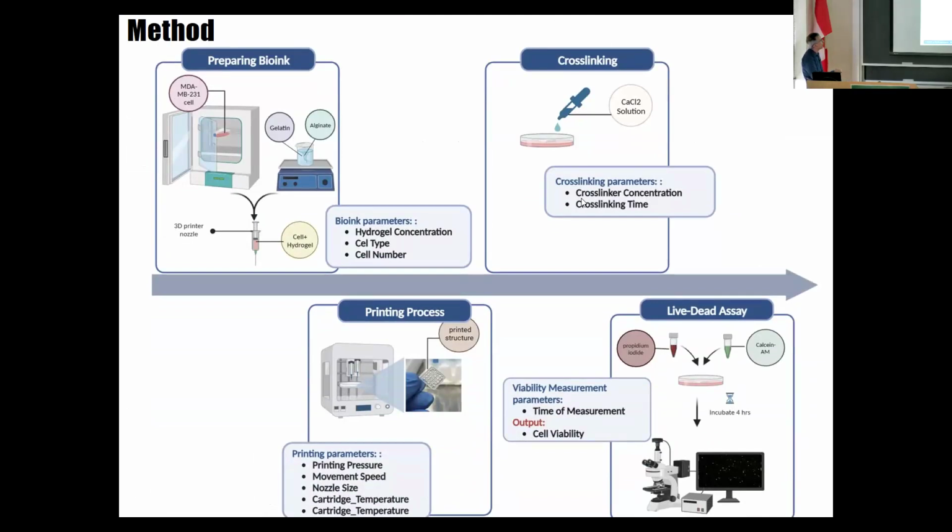Cross-linking will help us, it's like CaCl2 we add to the solution, and that helps to make the gels that we need for the structure. And then we do the printing process. As I said, these are all the parameters that can change, and eventually we do live/dead assays and use confocal microscopy to look at the cell viability.